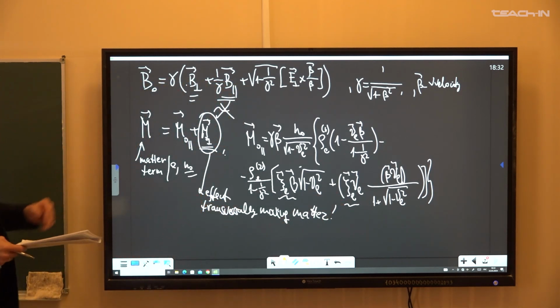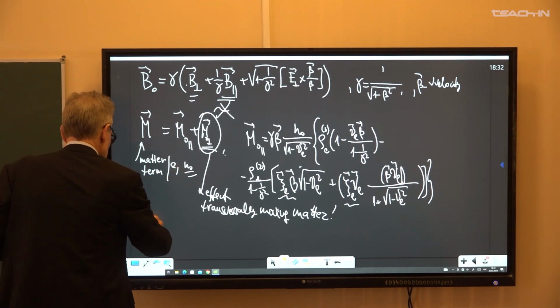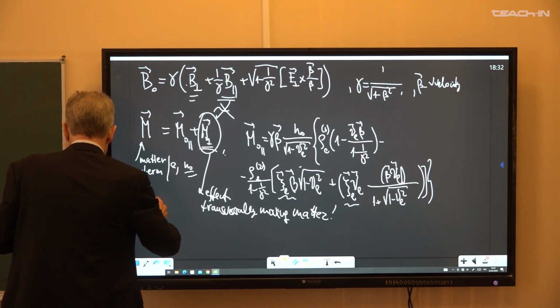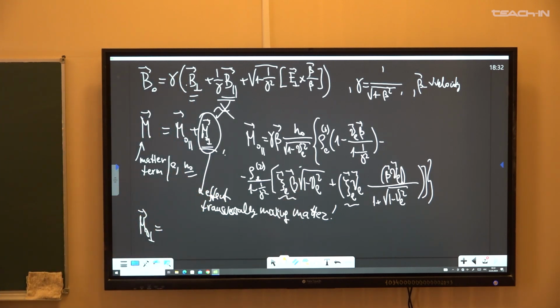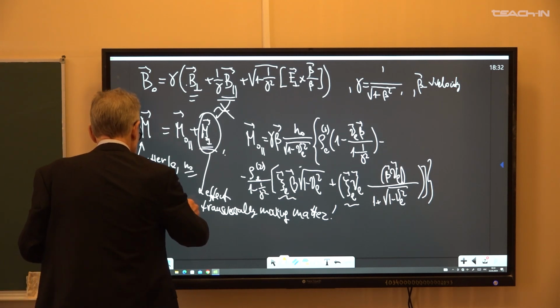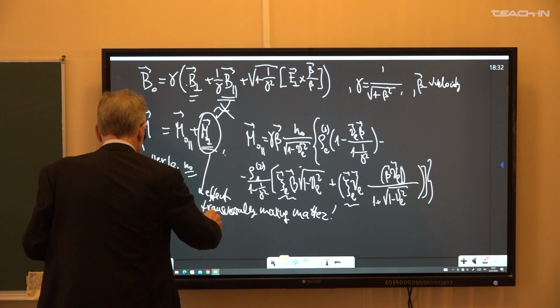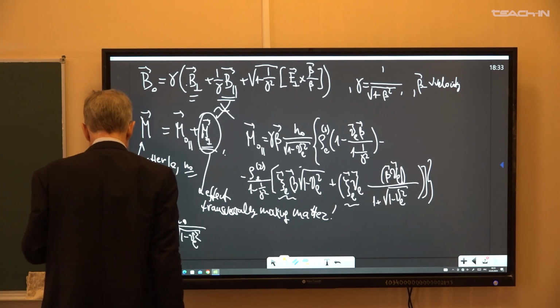So let's write this explicitly. This vector, 0, transversal, and I will skip the contribution from polarization effects, just to make the formulas simpler and shorter. Minus m n0, this invariant number density in the laboratory frame, divided by the square root of 1 minus the speed of matter squared.